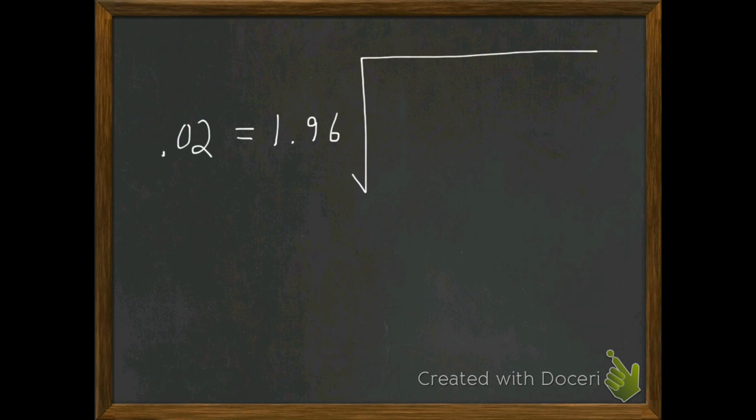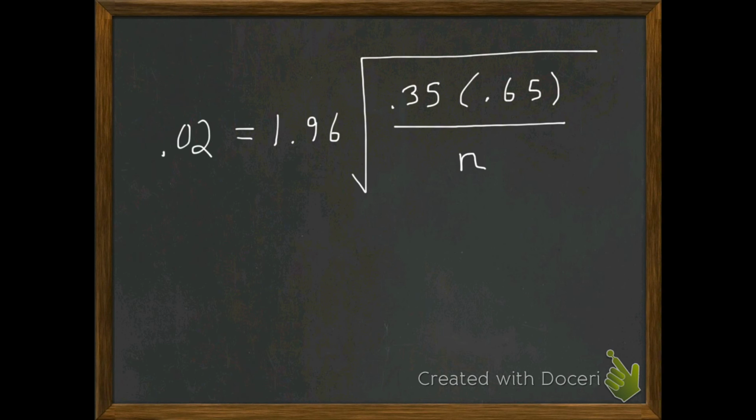Okay? So guys, again, the margin of error that we want here is 2%. And again, we got to use 0.02. Z critical is 1.96. Our p hat is 0.35. 1 minus p hat is 0.65. And the n we don't know. That's what we're trying to solve for.